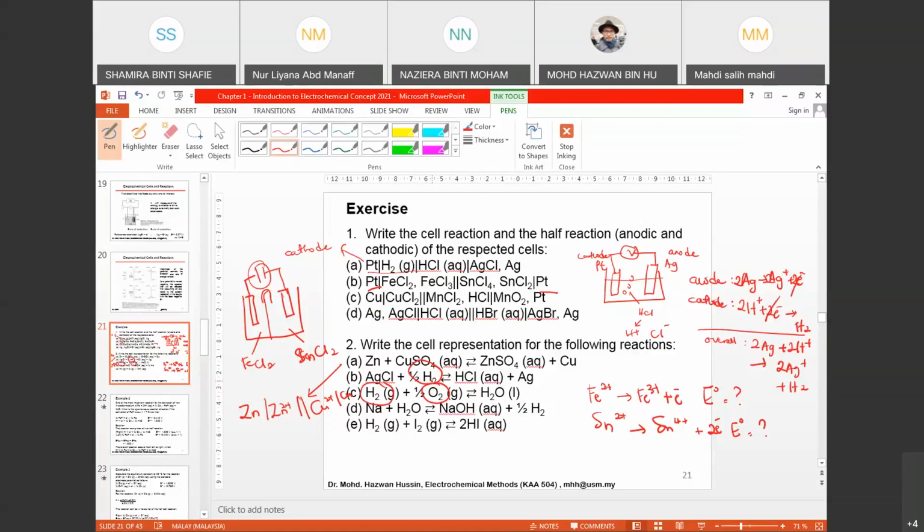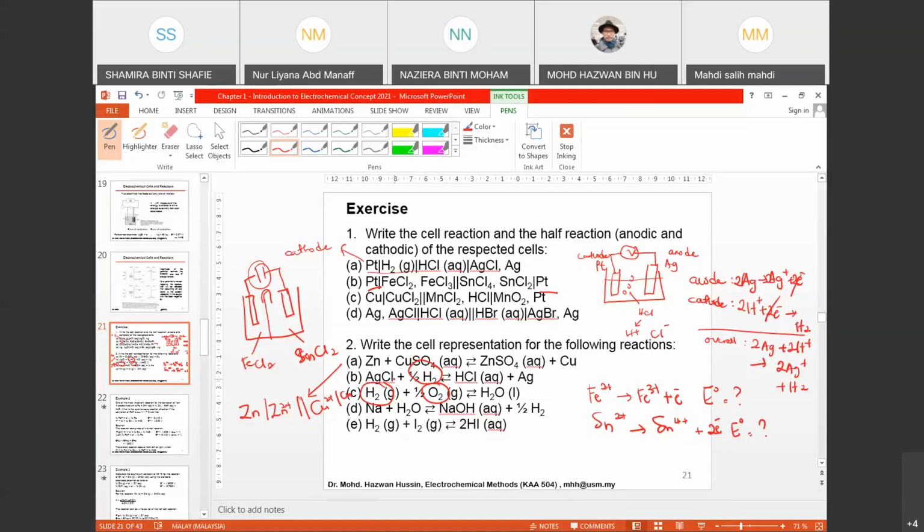Samira, what do you think? The types of electrode that we will use if you have the reaction that produces this? Is it platinum, Doctor? You can use platinum or you can use graphite also, no problem. But I think normally we use platinum. If you write graphite also, I don't say it's wrong.